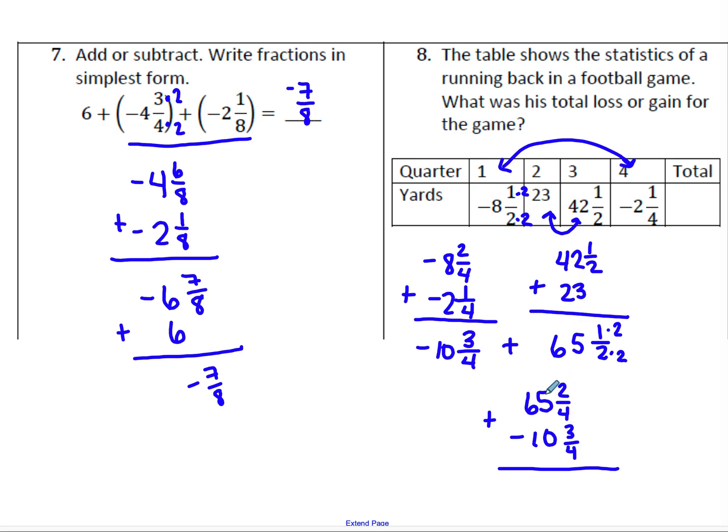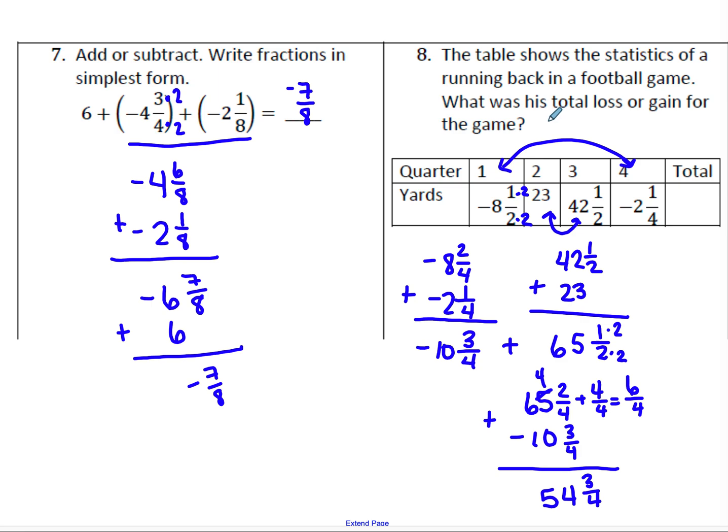Okay, so I need to do some borrowing. I'm going to change that 5 into a 4. I'm going to add 1 whole, which means 4/4. So now I have 6/4 minus 3/4. That's going to be 3/4. 4 minus 0 is 4. 6 minus 1 is 5.